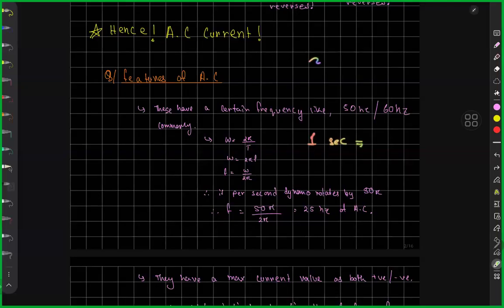If I repeat myself, if every 0.1 second there is one cycle, in every 1 second there will be 10 cycles. Simple maths. Fair?